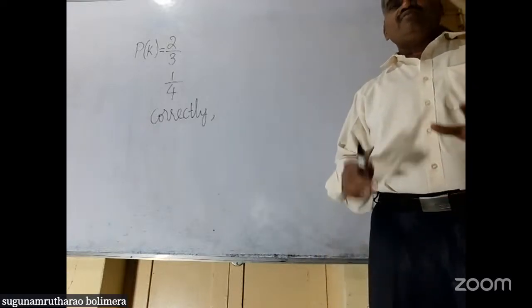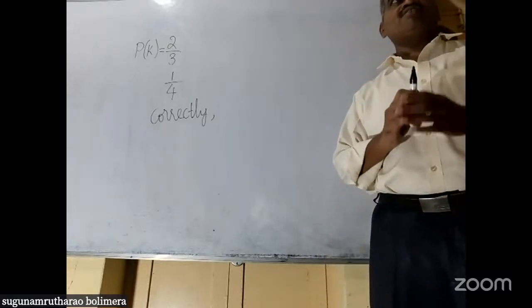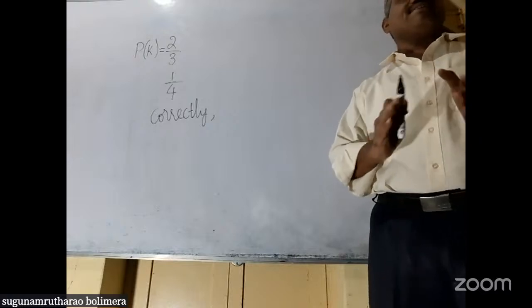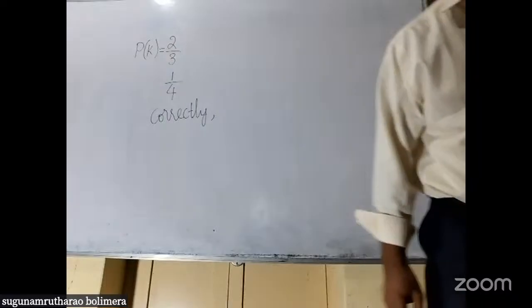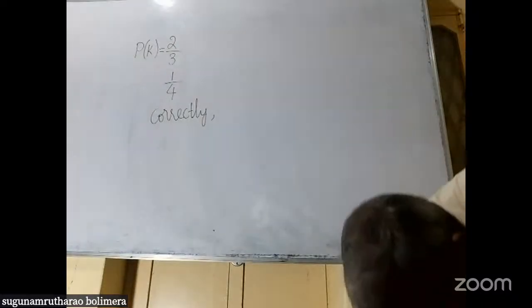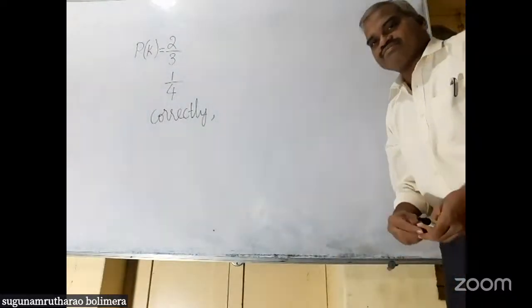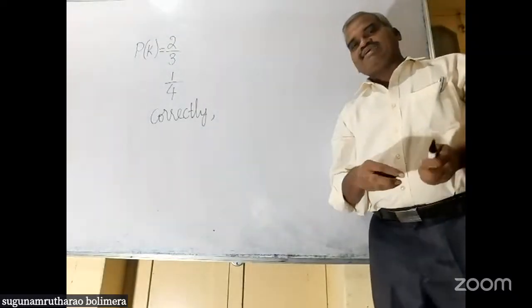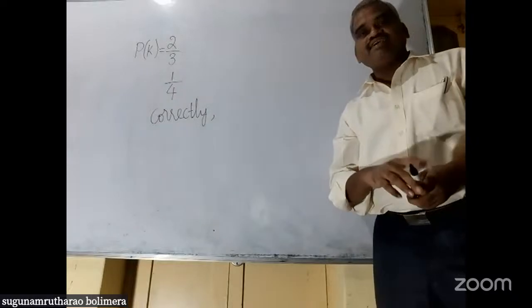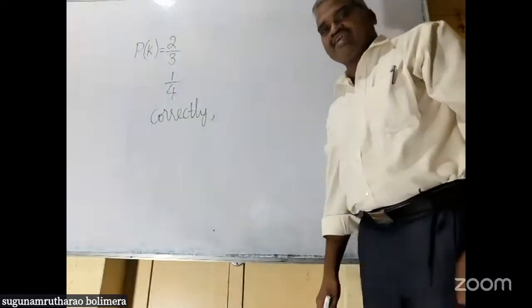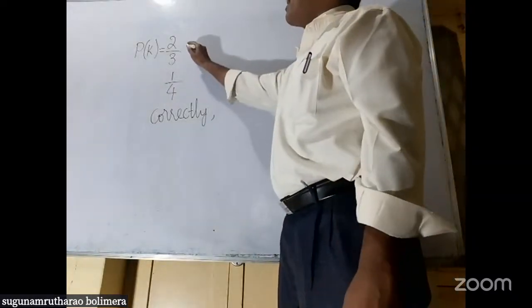We have 2 processes. One is knowing, second is guessing. Probability that he knows the answer is 2 by 3, K for knowing.